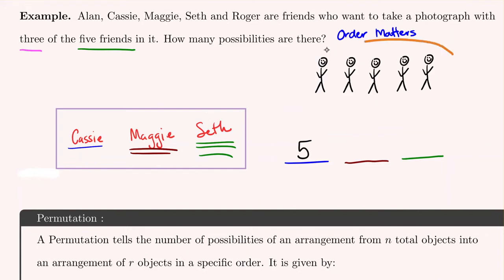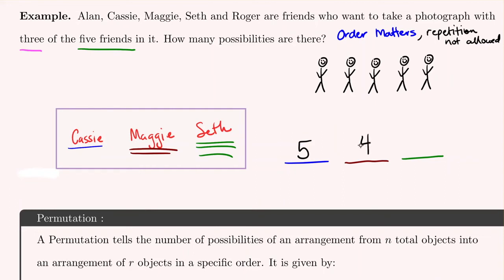Now, does it make sense once one of these 5 friends has stood here, even though we don't know which friend took that place, we do know one of the 5 friends is now standing here. So there's realistically only 4 friends remaining who could now take the second place, because of course a person couldn't stand here and then duplicate themselves and stand here. So we also realize we cannot repeat. So when trying to determine who could go to the middle position, we can't have the person who's already here, so there's now only 4 possibilities.